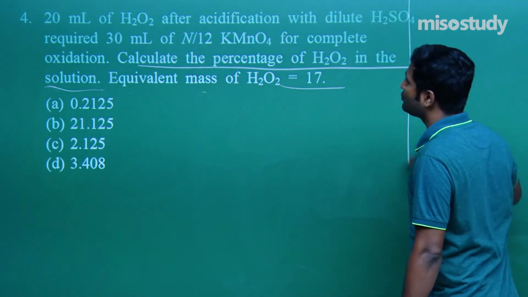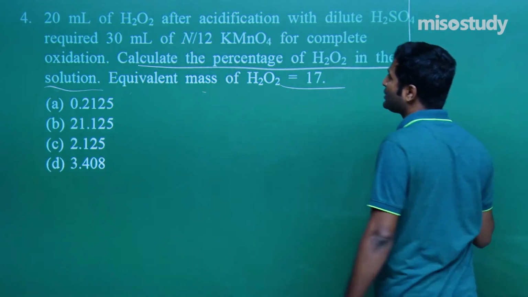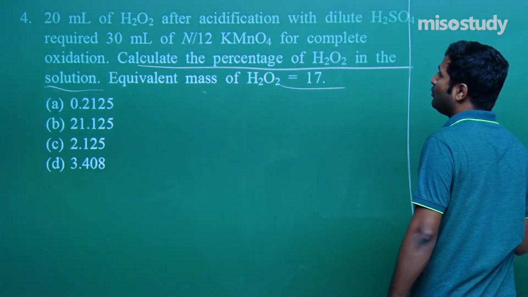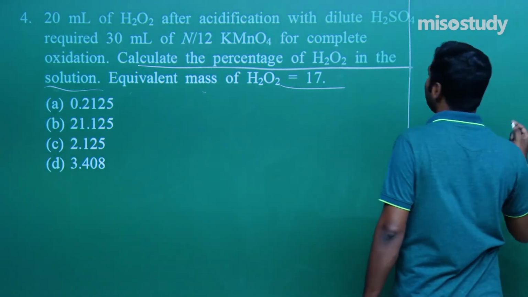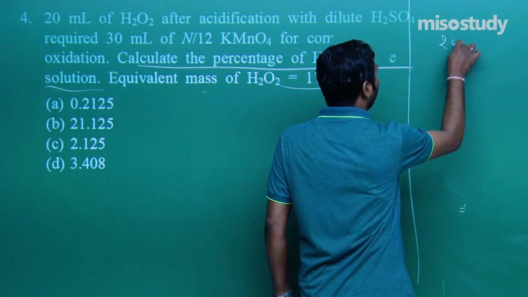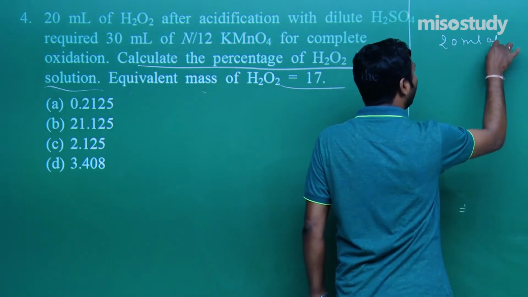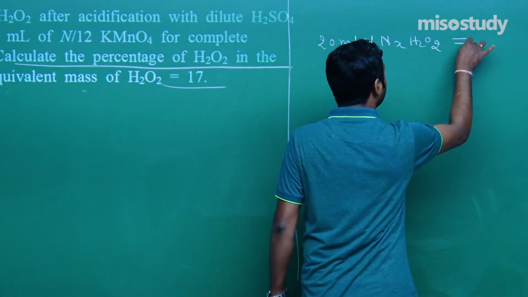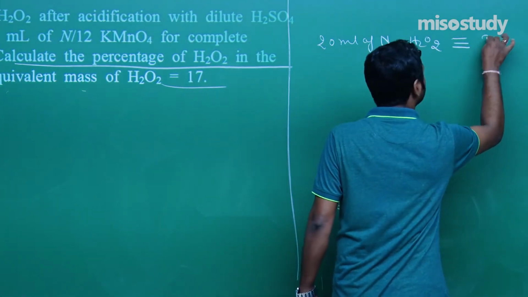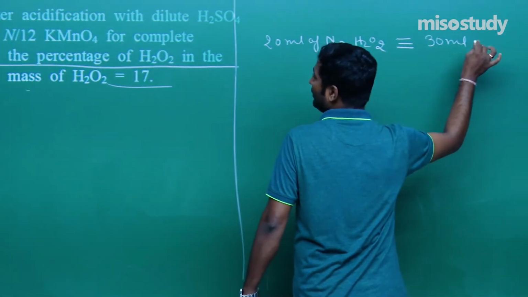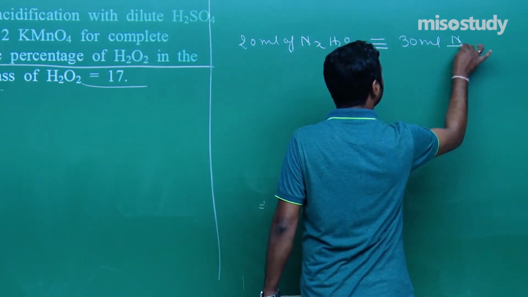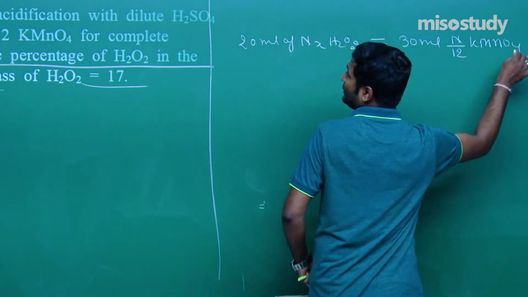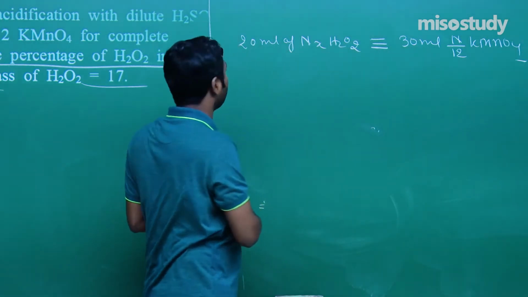Okay, now how to solve the question? First of all, titration concept we have to use, that is 20 ml H2O2. We can write like this: 20 ml of N1 H2O2 will be equivalent to 30 ml of N by 12 KMnO4 according to the question, that is complete oxidation.